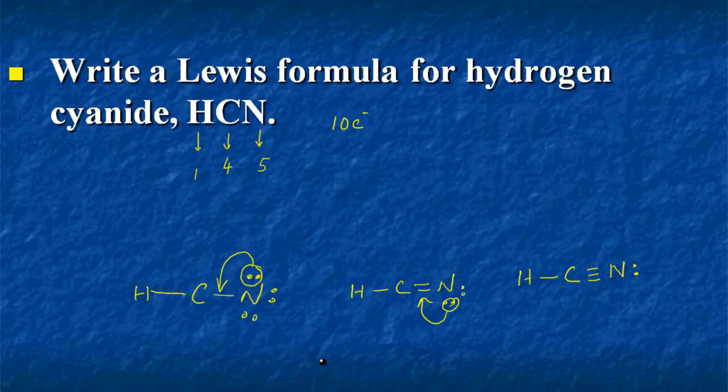If carbon is present, carbon is the central atom. Otherwise, you check the electronegativity, and the least electronegative element goes to the center. Hydrogen can never be the central atom. So here one is hydrogen, which can never be the central atom, and one is carbon, which is always the central atom. So there is nothing else to worry about.